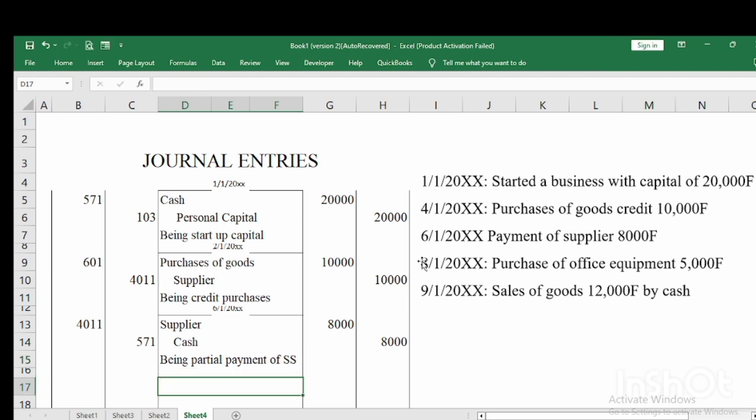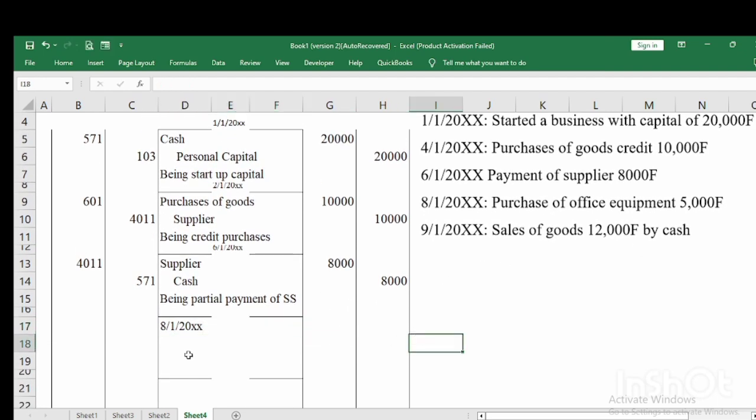The other transaction says on the 8th of January, purchase of office equipment 5,000 francs.